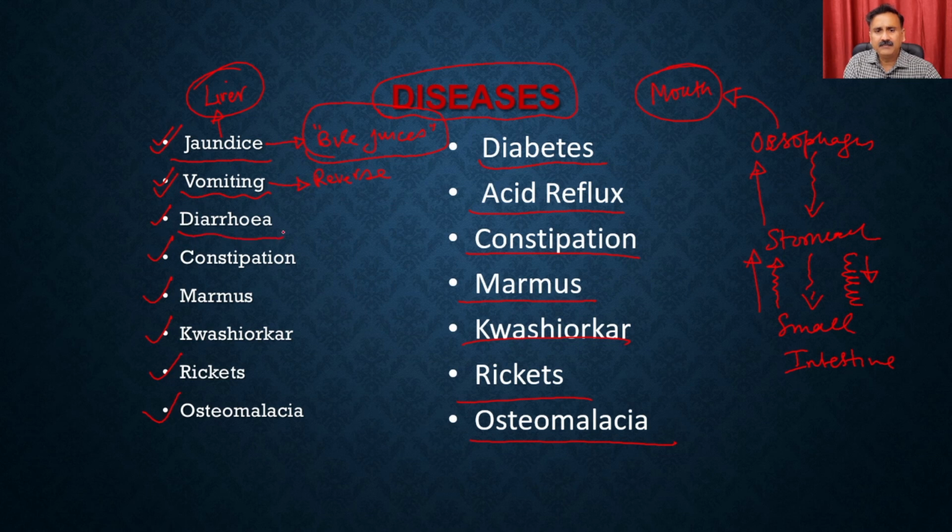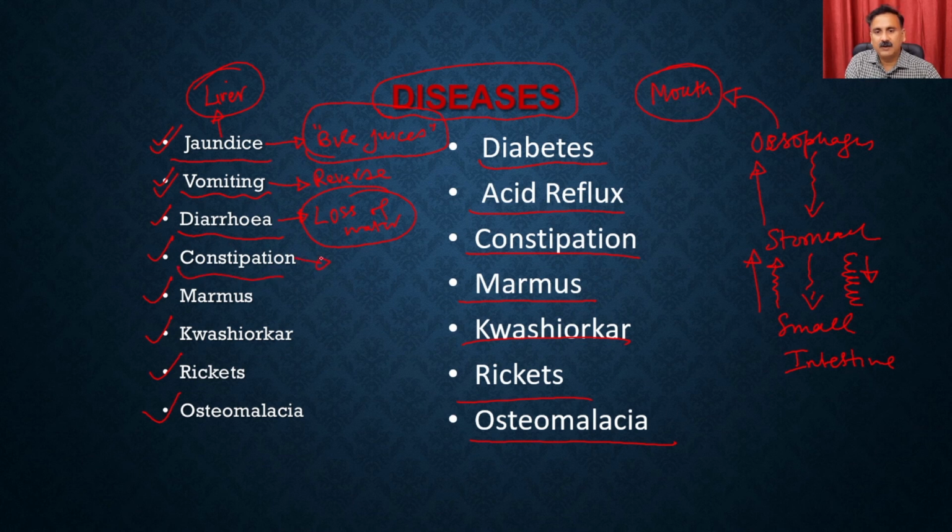Similarly, diarrhea is a disease caused by the loss of water, which causes dehydration and other issues. Diarrhea can be of multiple types: it could be infectious, or it could be non-infectious.